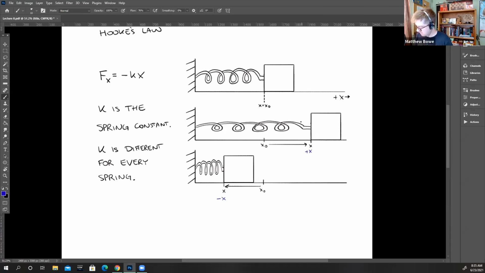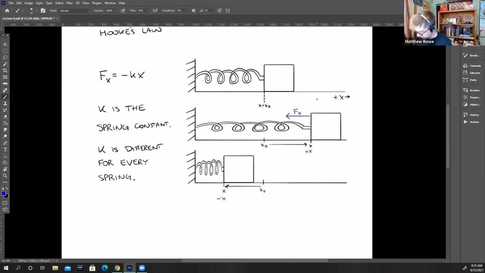So I could also draw the forces that the spring is trying to move this block with. If I were to stretch out this block on the spring, the spring would try to force the block back that way.